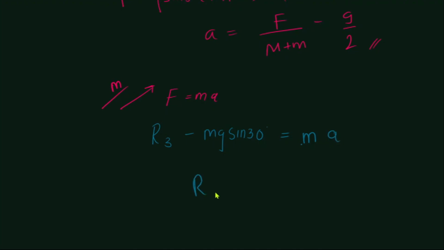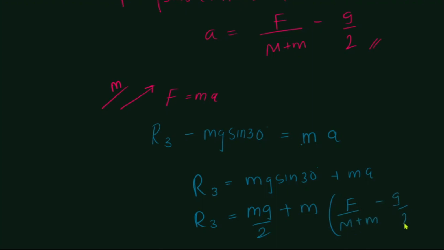The mass of the simple m object is m, and its acceleration is a. So R3 is mg sine 30 plus ma. mg sine 30 is mg over 2. The acceleration I have already found, that is F times capital M plus simple m minus g, over 2.